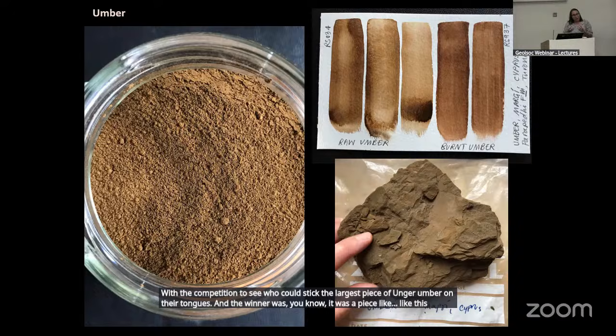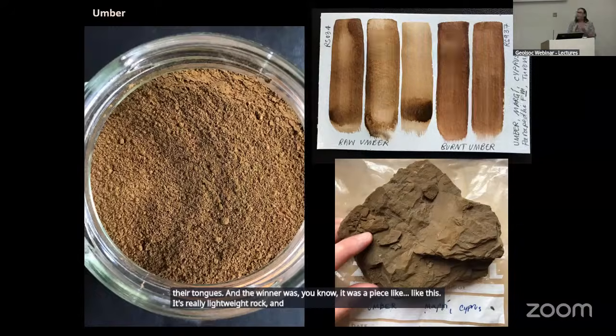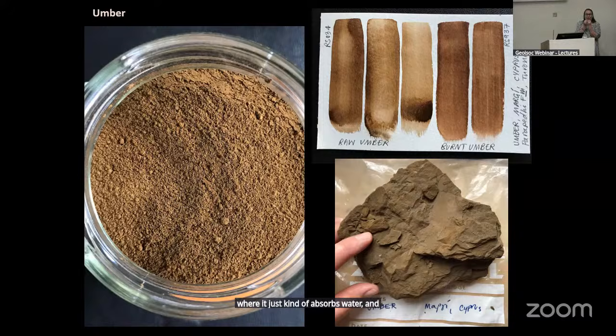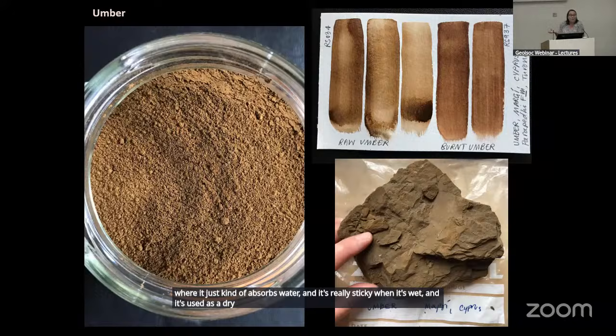It's a really lightweight rock, and it's hygroscopic, or something like that, where it absorbs water, and it's really sticky when it's wet. It's used as a drying agent in oil paint. So you can paint with this as a pigment, but you can also mix it into your oil, and it makes your oil painting dry quicker.